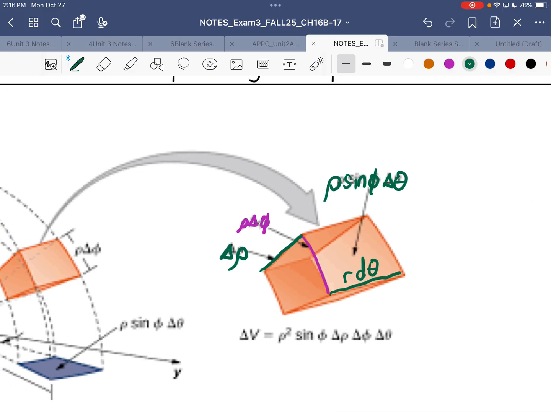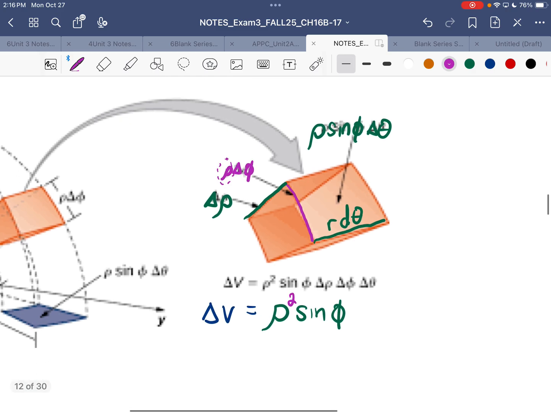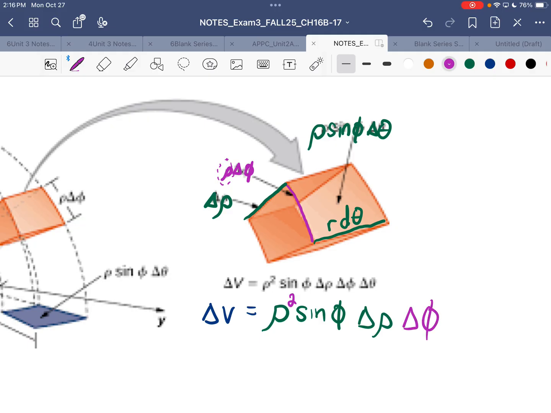So to go from x, y, z, so like dV would be dx, dy, dz, in spherical you'd have your rho sine phi, and you'd have another rho from right here. So you'd have rho squared sine phi, change in rho, change in phi, change in theta.